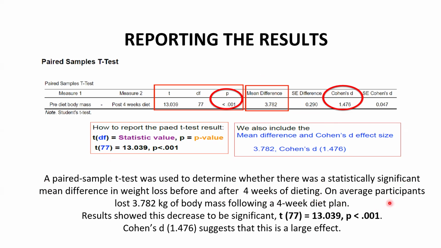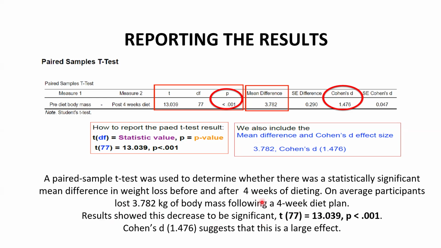On average, participants lost 3.782 kilograms, which is actually our mean difference. So they lost an average of 3.782 kilograms because there was a reduction from pre to post 4 weeks diet, following a 4 week diet plan. Results showed this decrease to be significant.